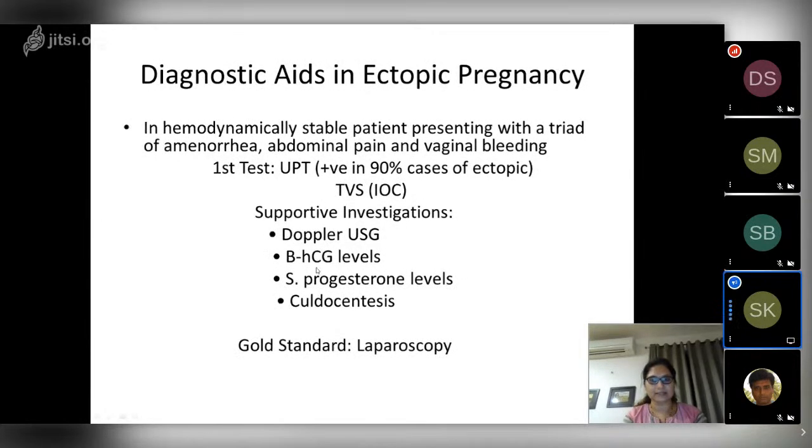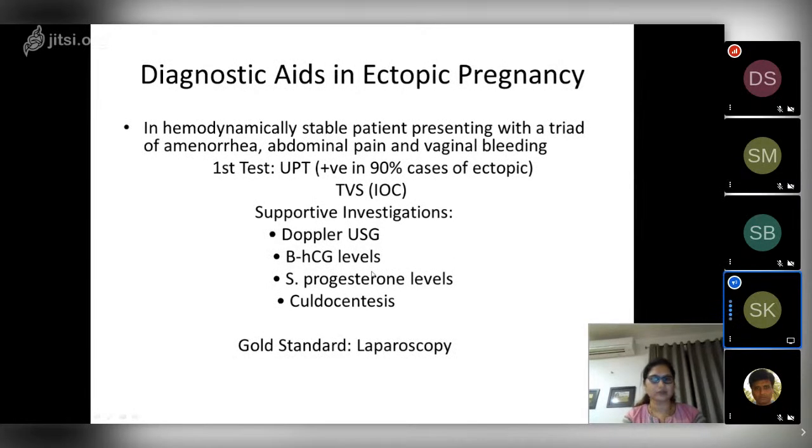Beta HCG levels are another important investigation. Why do we do beta HCG after the UPT being positive in some cases of ectopic pregnancy? We still do beta HCG levels to know exactly what the value is.